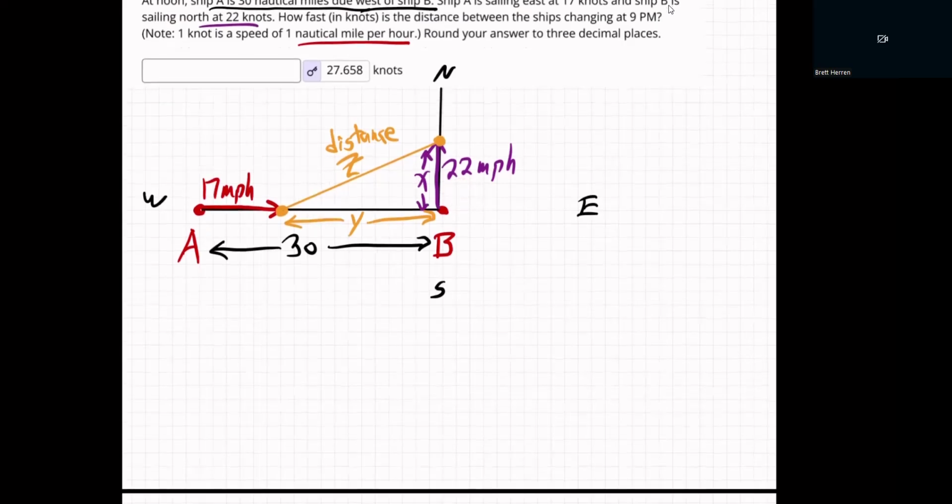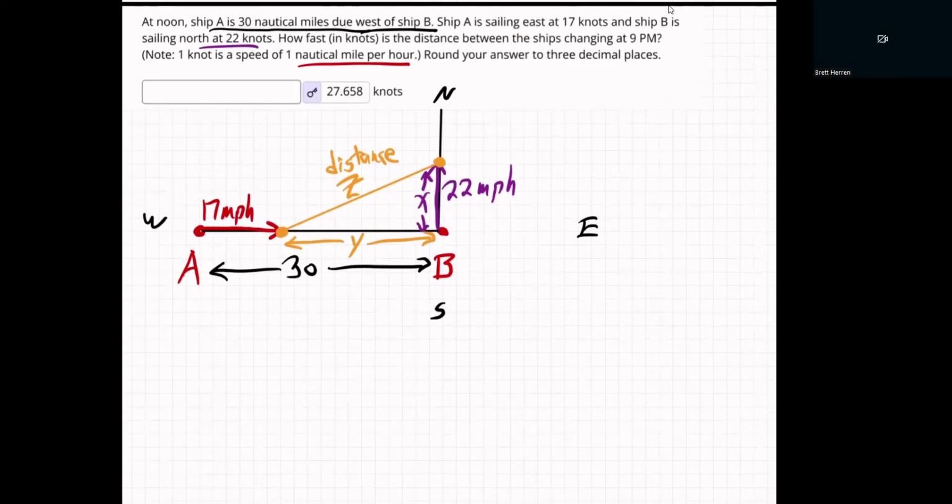Okay, so let's get to our steps. Step number one, identify the rate variables. I'll say letters. So what are the rate letters? Well, what do they say?